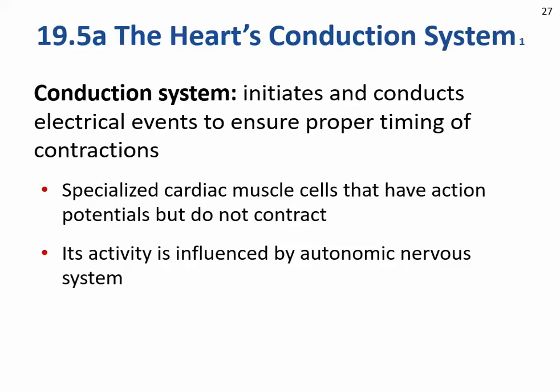An action potential in one cell passes the positive ions, the calcium and the sodium, through gap junctions into the next cell, and they depolarize that and cause an action potential when it reaches threshold of the next cell, and so on, till the whole heart contracts on its own as one thing. To be an efficient pump, you want all those cells to contract simultaneously.